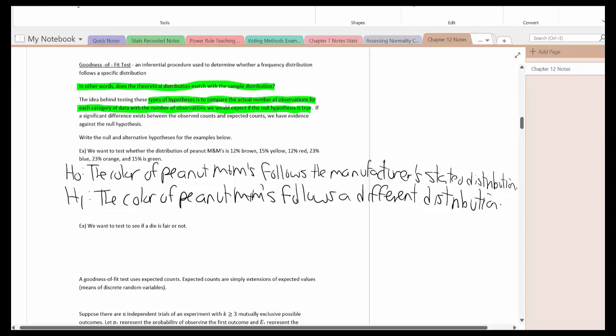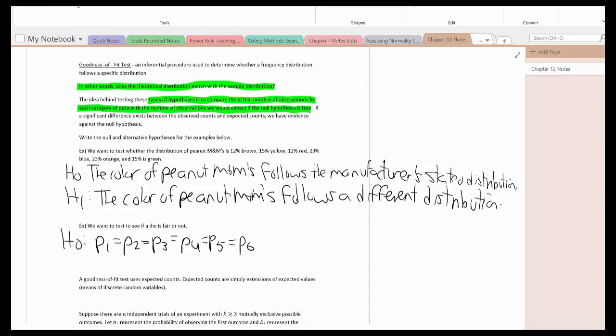Okay, let's take a look at the next example with a fair die. If a die is fair, I would expect the probability of rolling a 1 to be exactly the same as the probability of rolling a 2, and so on. So here's how I would write the null hypothesis for this. P1 is equal to P2, which is equal to P3, and so on.